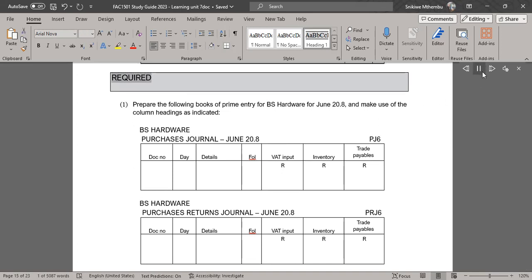Required. Prepare the following books of prime entry for BS Hardware for June 20.8, and make use of the column headings as indicated. BS Hardware.